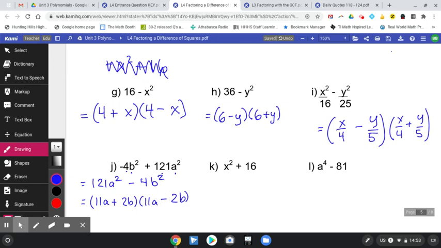Now, K is another one that tends to fool some people once in a while because we are so good at picking out perfect squares. We see, oh, there's a perfect square. There's a perfect square, and we try to factor this, but it is adding, not subtracting. So this is actually a sum of squares.